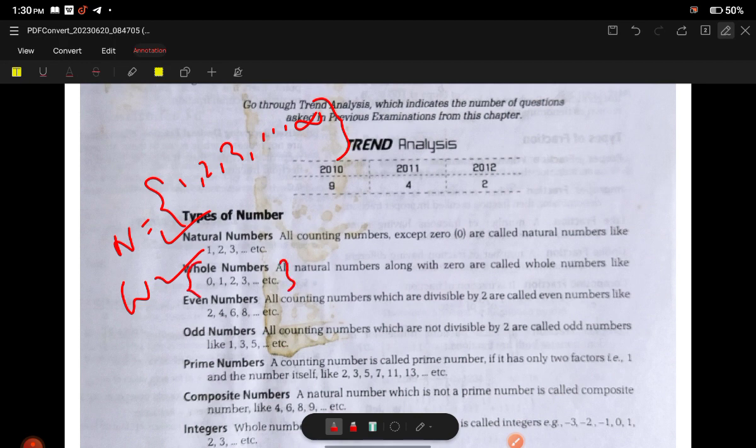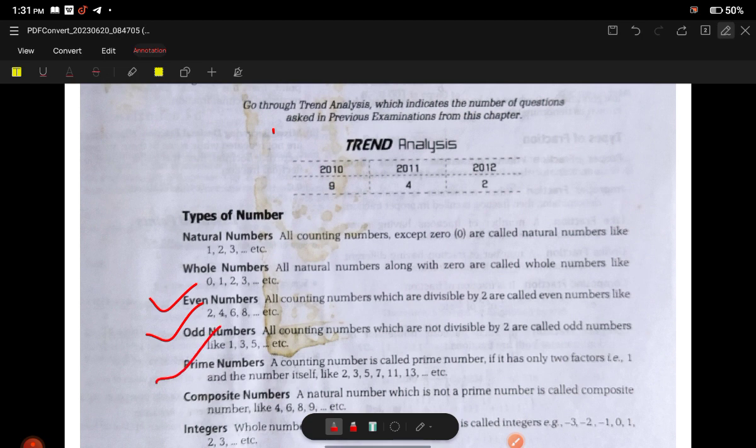Okay, and then you will get integers. But the whole numbers and natural numbers are also divided into three parts, and these are even numbers, odd numbers, prime numbers. These are other types of numbers which come from natural or whole numbers.